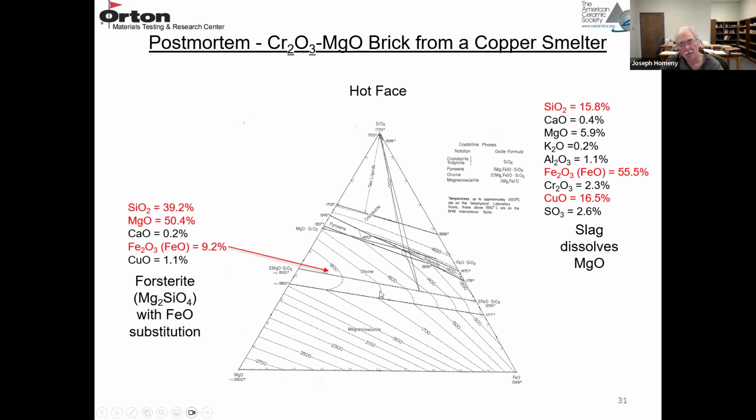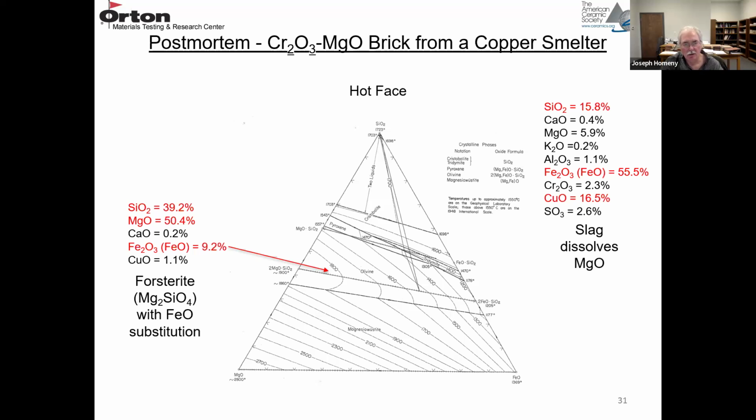This is 1800, 1700, 1600, 1500, 1400, 1300, and 1200. So you're going down in temperature as you react with the forsterite to convert it to fayalite. So that's pretty much what's happening in this material.